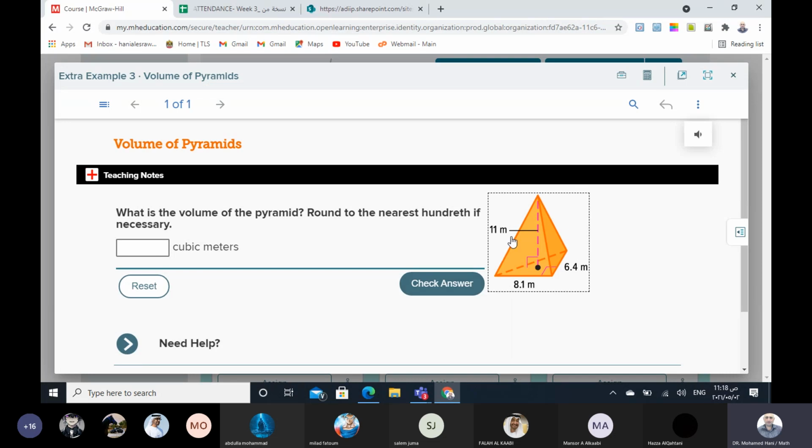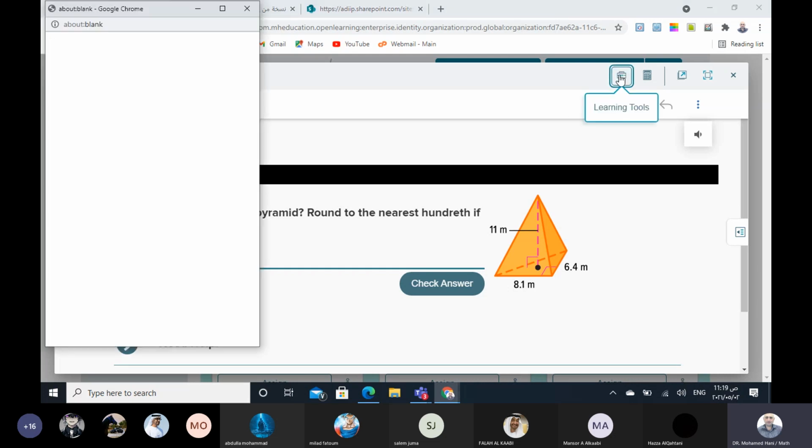As you see here, we have a pyramid. Always remember, in the pyramid we just have one base. What is the volume of the pyramid? Round to the nearest hundredths if necessary. How to find the volume of the pyramid?